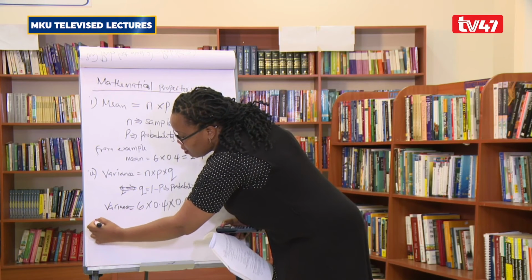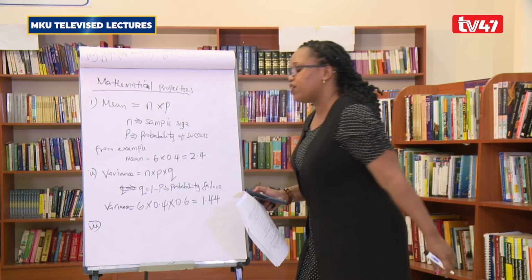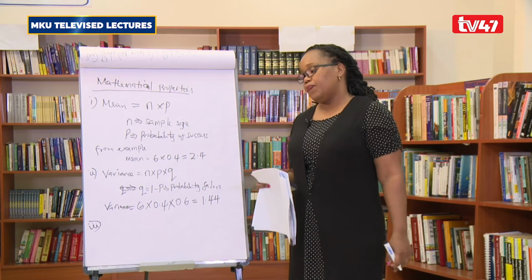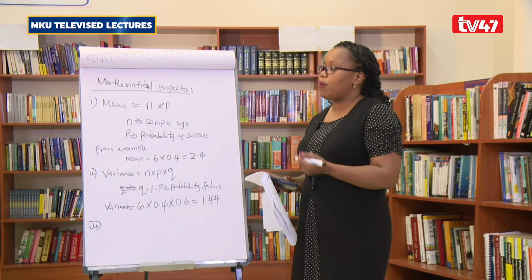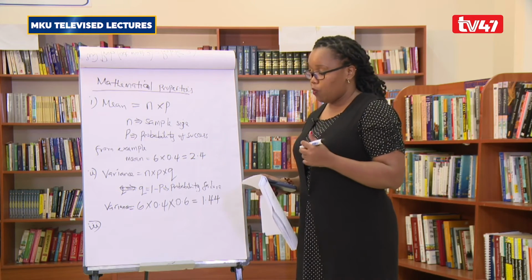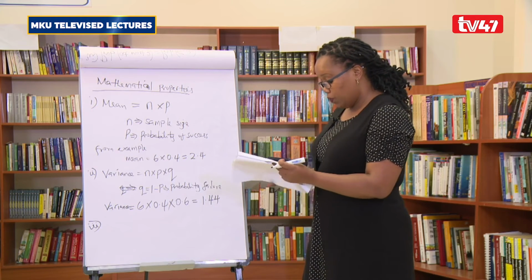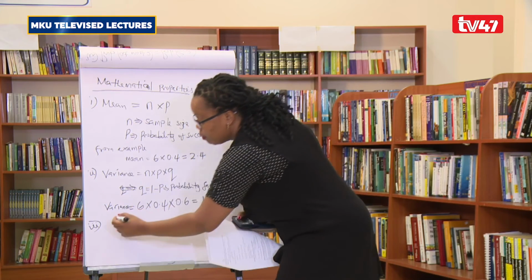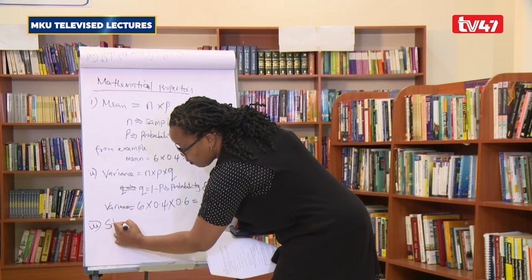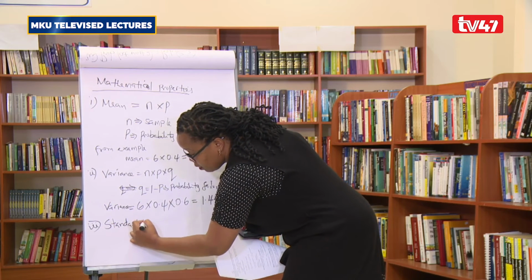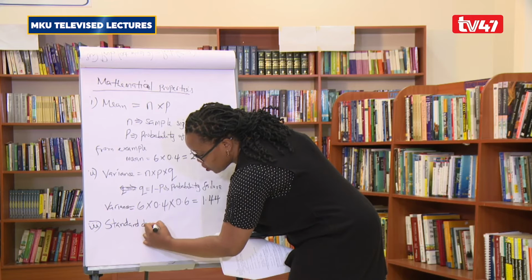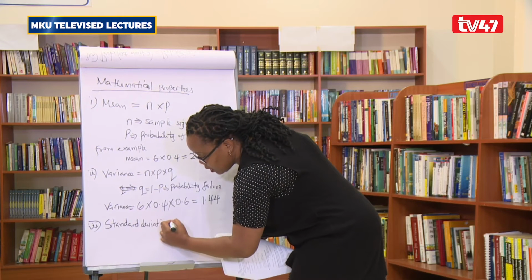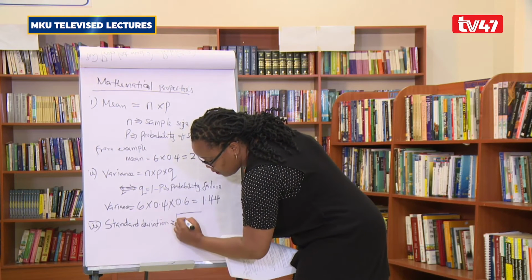Now, by default, if you get the variance, you're able to get the standard deviation, which is another mathematical property. So standard deviation, by definition, is actually the square root of variance.